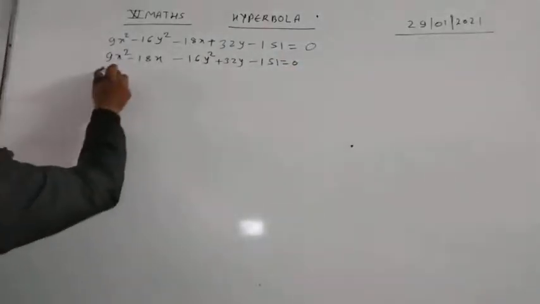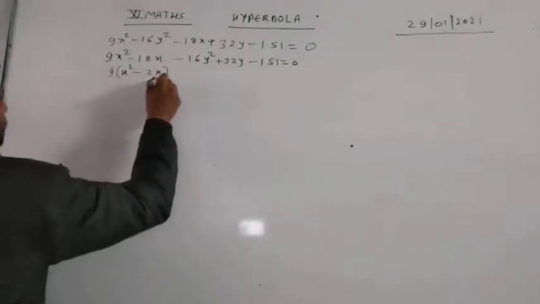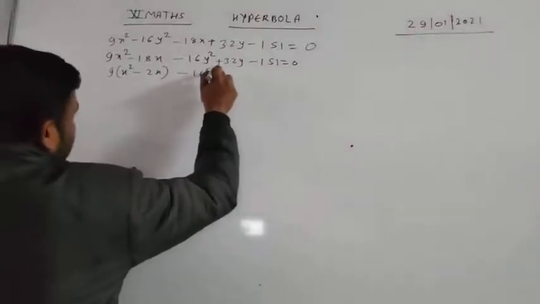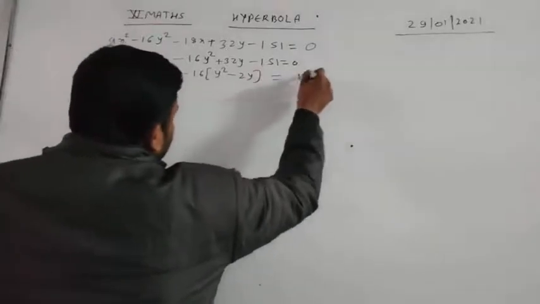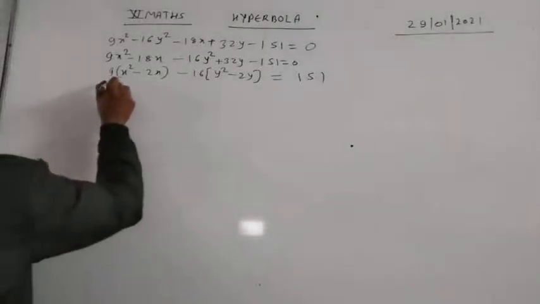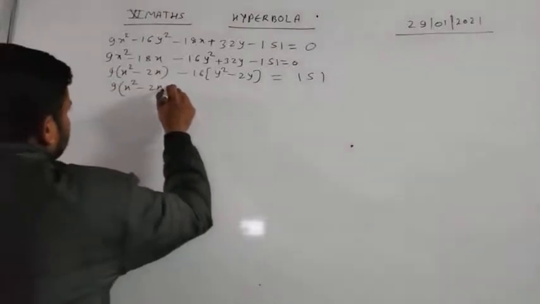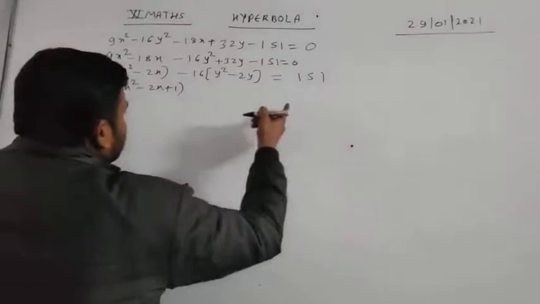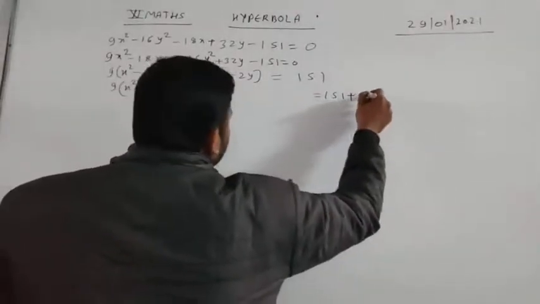Here 9 is common, so we can write 9 into (x square minus 2x), and minus 16 is common, so this is (y square minus 2y), equal to 151. Now we can write x square minus 2x plus 1, and when we multiply, we write on the right hand side also plus 9.